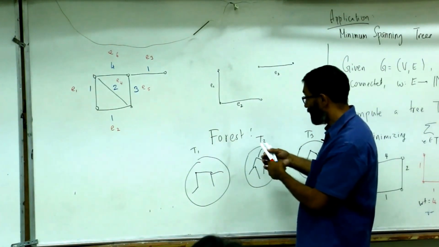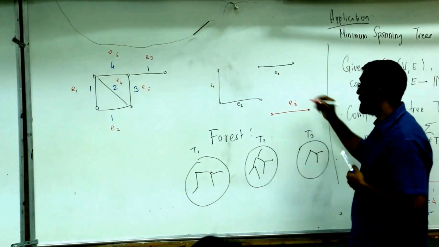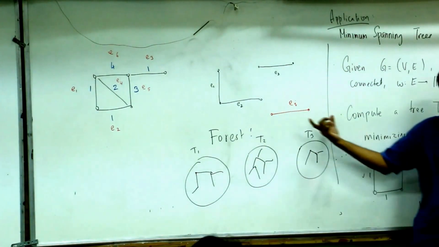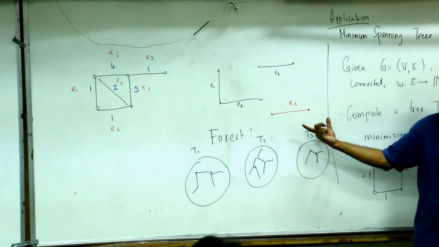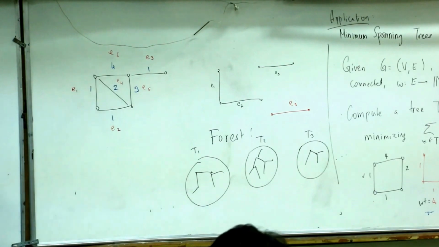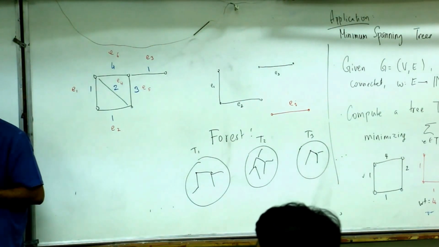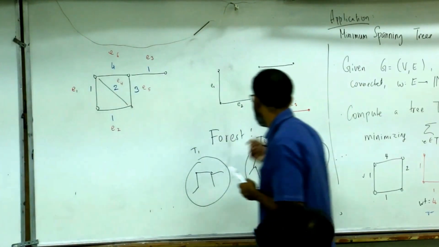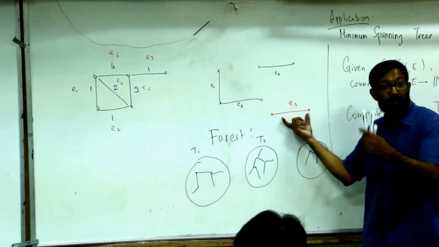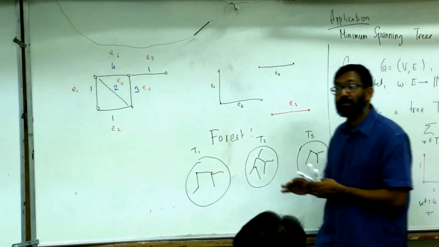Now we want to process this edge E sub I. We want to answer the following question: is T union E sub I acyclic? Which means if I add this edge E sub I, does it create a cycle, or is the graph still acyclic?